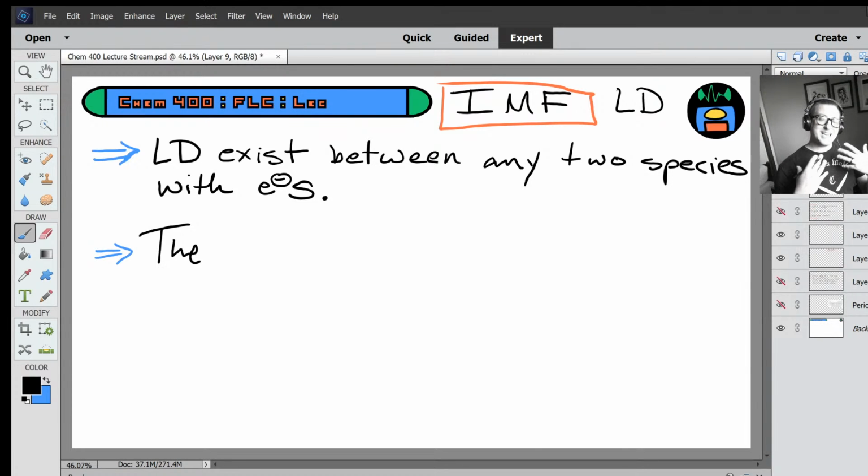All right, and it is easier to form those temporary partial charges in larger orbitals. So the larger the orbital is, the more likely it is for the electrons to be imbalanced on one side of an orbital. And so the larger the orbitals are, and by larger I mean the higher energy they are, the stronger London dispersion forces will be.